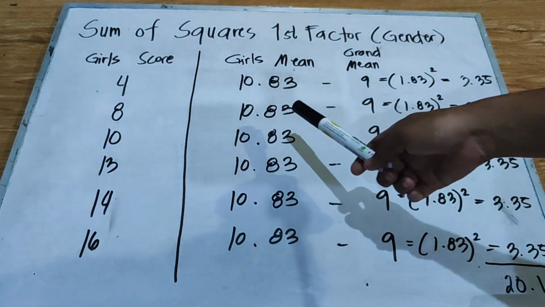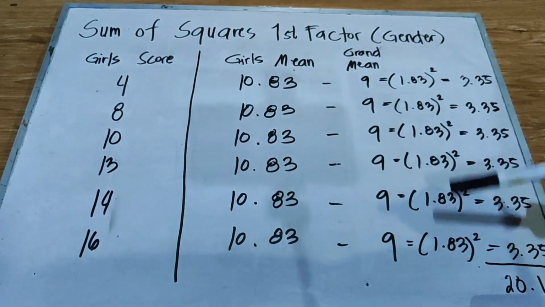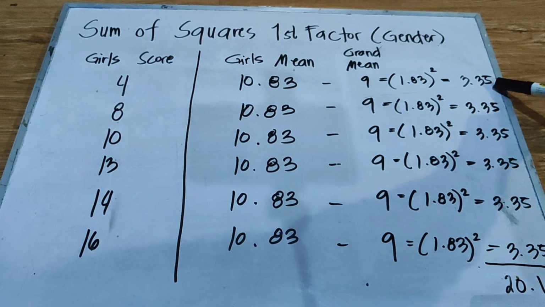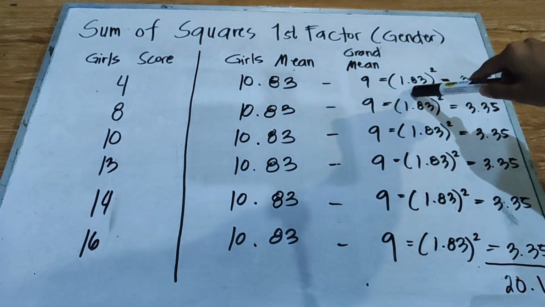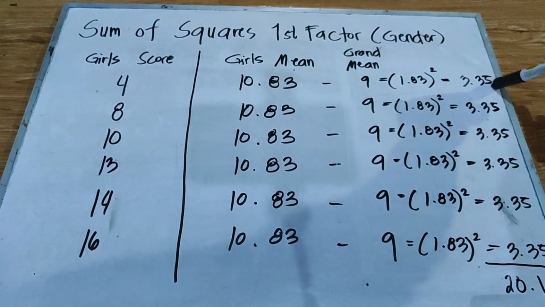Since pareho raman ang girls mean o grand mean og value ang tanan. So same process. I-add na to ang output dire sa 1.83. So 3.35 i-plus na to ang tanan kay makakuha ta og 20.1.